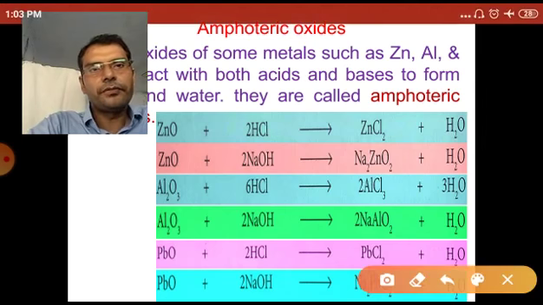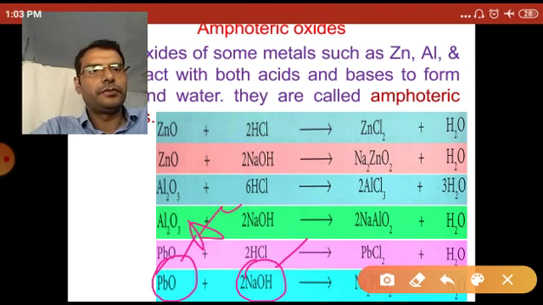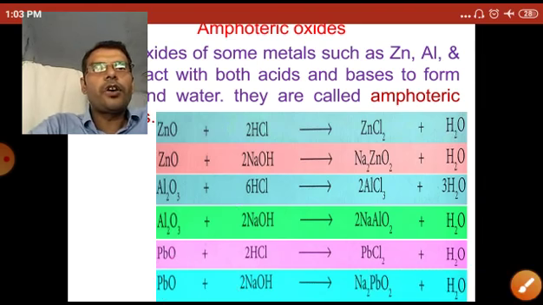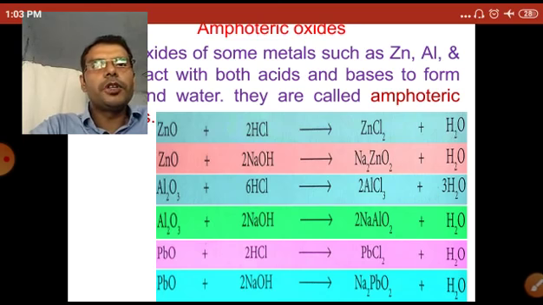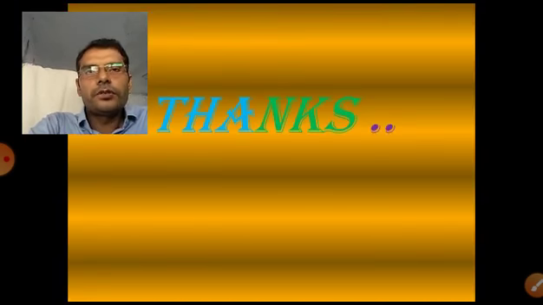In this reaction, sodium hydroxide is behaving as a base, so lead oxide behaves as an acid. So these are all about amphoteric oxides. Zinc oxide, aluminum oxide and lead oxide are amphoteric oxides, which have the ability to react equally with both acids as well as bases. Okay, thank you all for this topic.